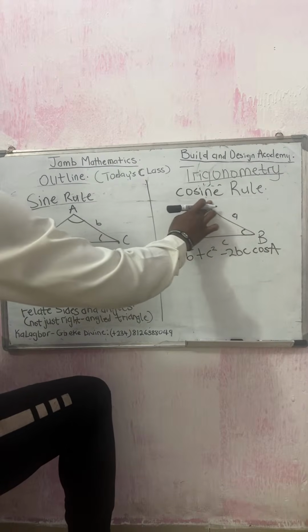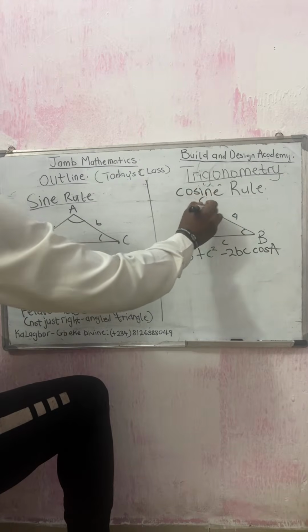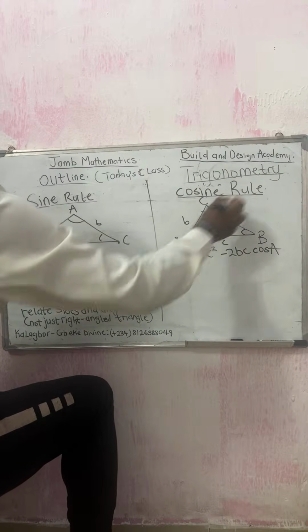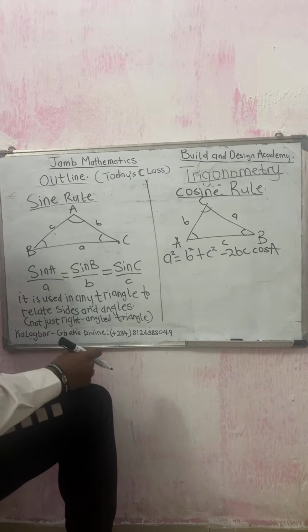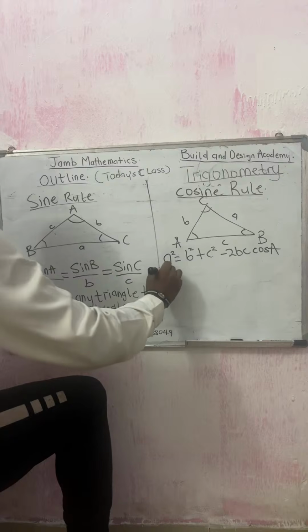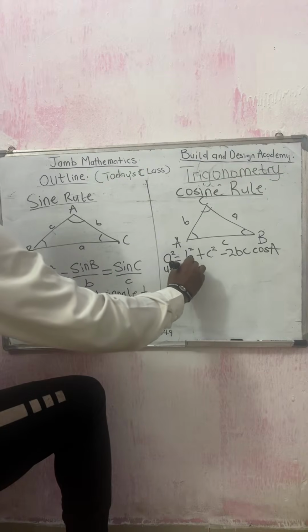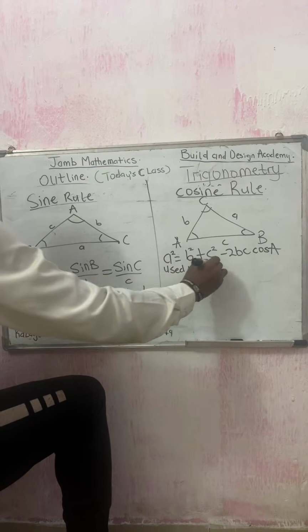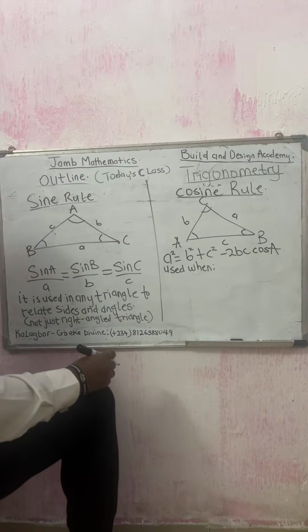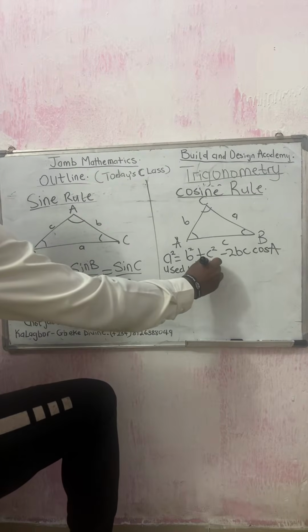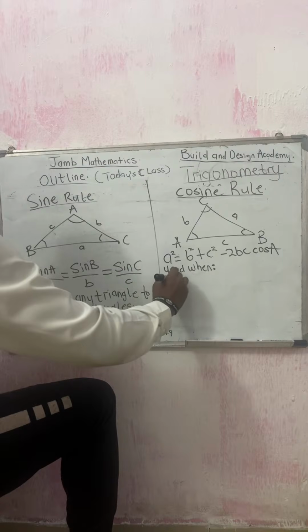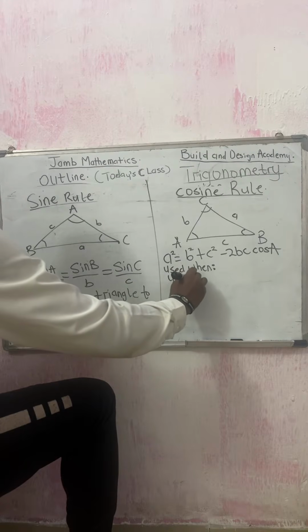Now, for the cosine rule, it is used when you know three sides. So before you use it, you must know three sides.